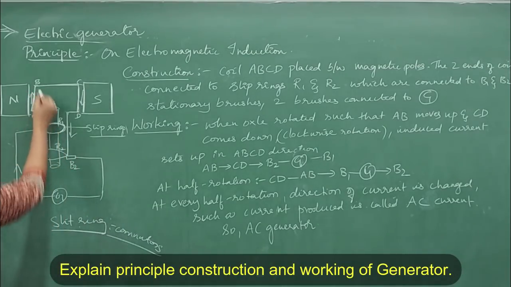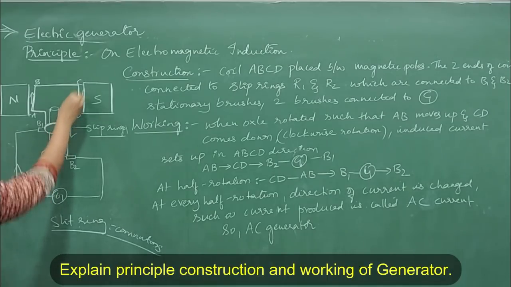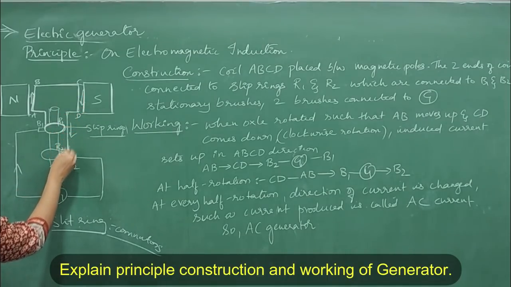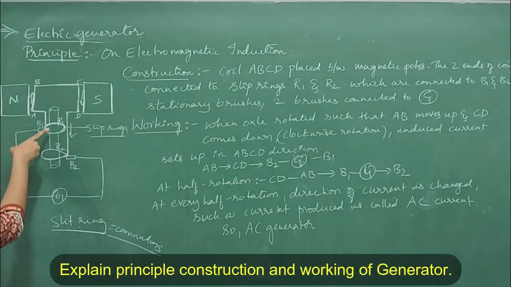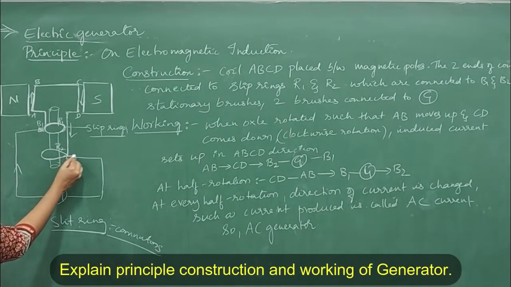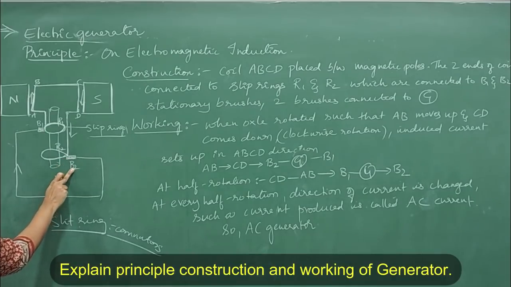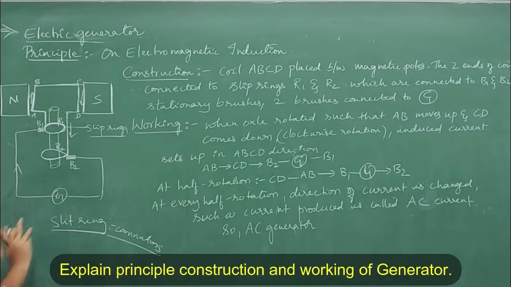The AB side of the coil is connected to slip ring R1 and the CD side of the coil is connected to slip ring R2. Slip ring R1 is connected to the brush B1, and slip ring R2 is connected to the brush B2. B1 and B2 are connected to a galvanometer, right? So this is the setup.